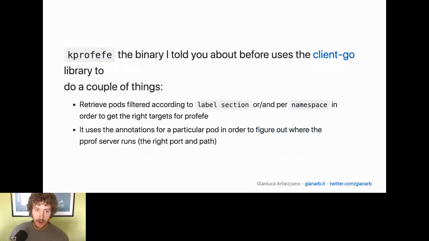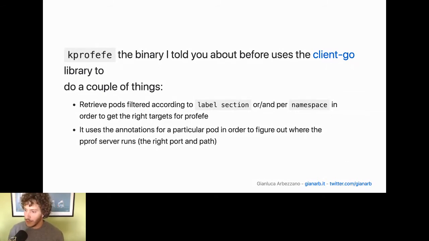So kprofefe is another part of the binary that I wrote as a bridge between Kubernetes and Profefe, and the binary uses the client-go library to do a bunch of stuff. Like at least it retrieves all the pods. And when you do kubectl profefe get, you can filter by label selection or namespace.